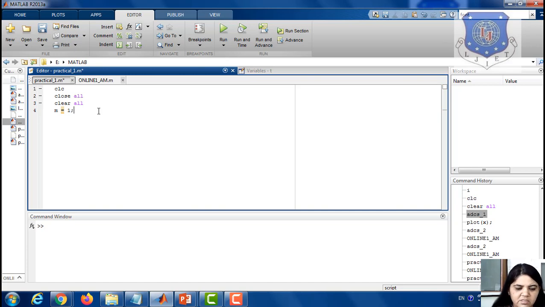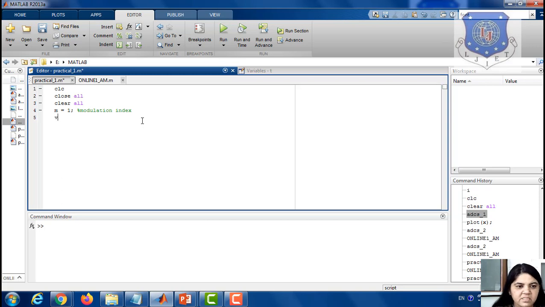This small m is nothing but the modulation index that I want. Here we write a comment, so that in future if you refer to the program, you can have an idea about it.